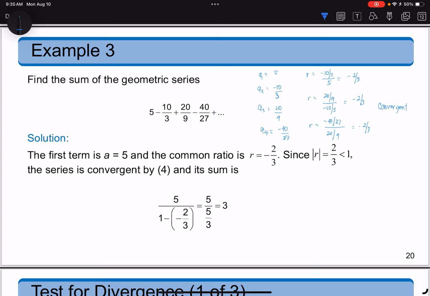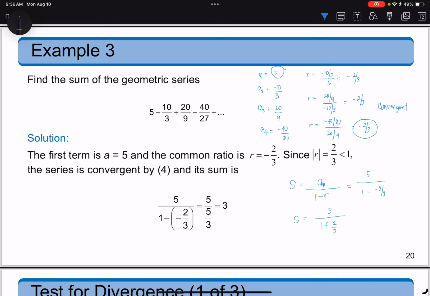So for a convergent series, the sum is equal to a sub 1 over 1 minus r. The first term is 5 and the common ratio is negative 2/3. So 1 minus negative 2/3. So the sum would be 5 over 1 plus 2/3.